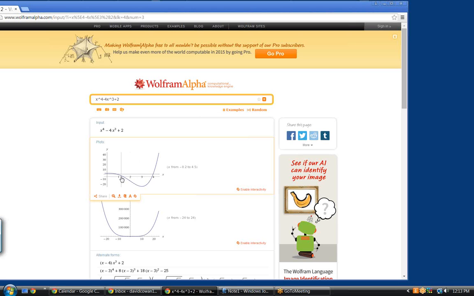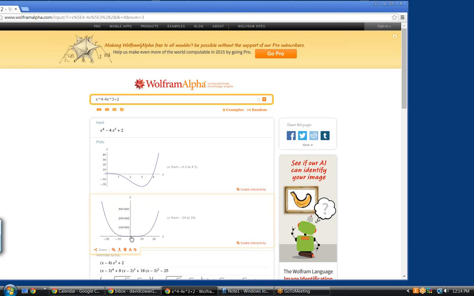It looks like it's concave down in this area right here. You see that? Yes. Okay. And then when we are less than 0 over here, it clearly turns concave up again.